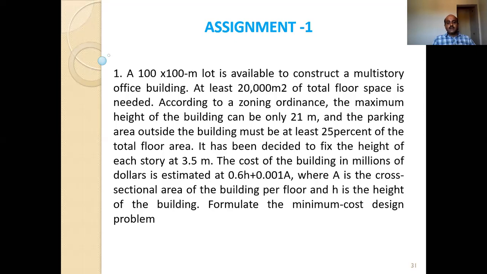Formulate the minimum cost design problem.